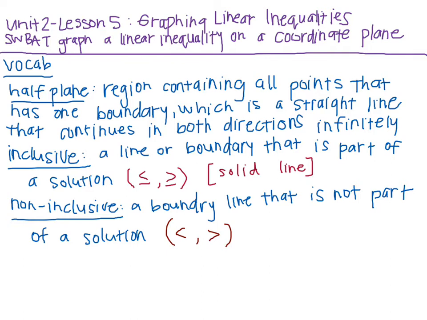It does not actually include the line itself. So whenever we have an inequality that's less than or greater than, we use a dashed line to graph it. So it will look something like this on the graph. A dashed line that goes on forever in both directions.